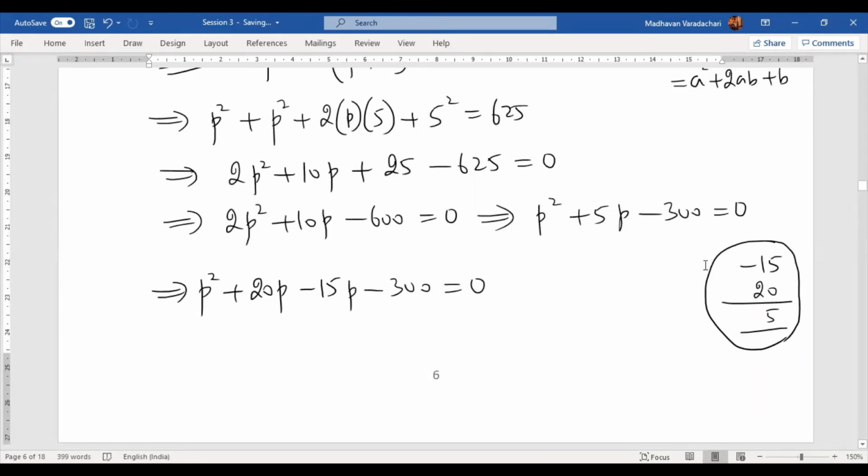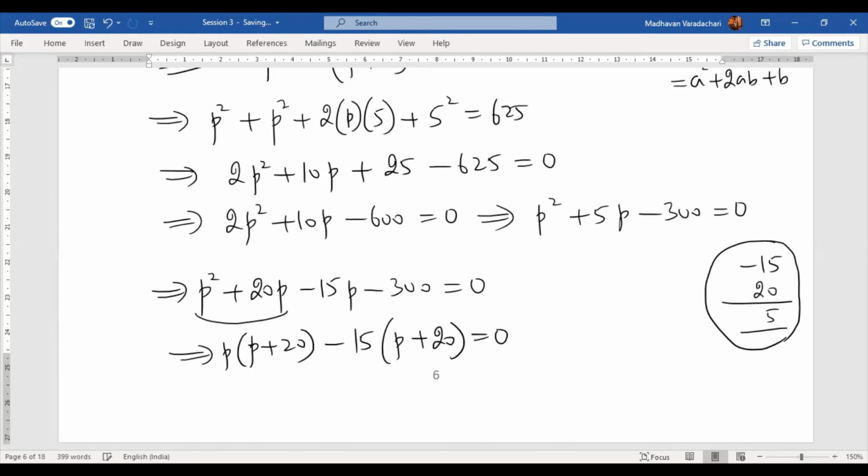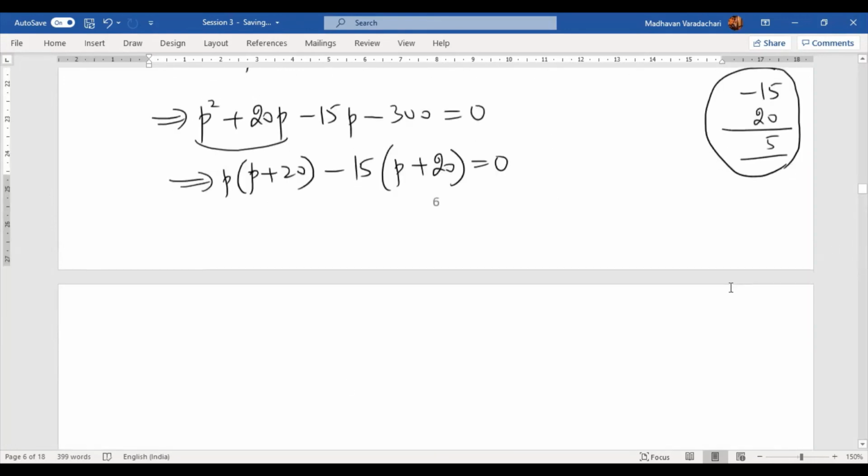If I couldn't, I better use the formula method. Now in these two, common is p. So p plus 20. In this, the common is 15. So p plus 20 equal to 0. In these two, common is p plus 20.